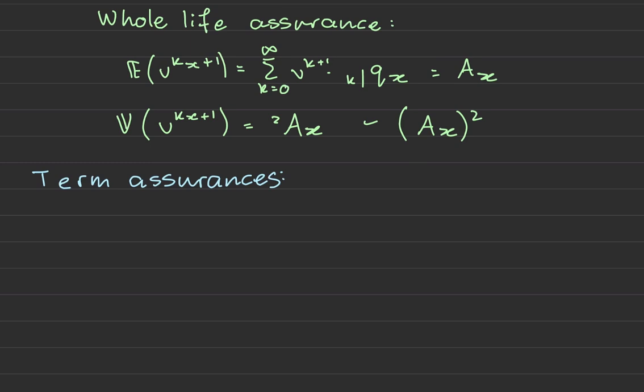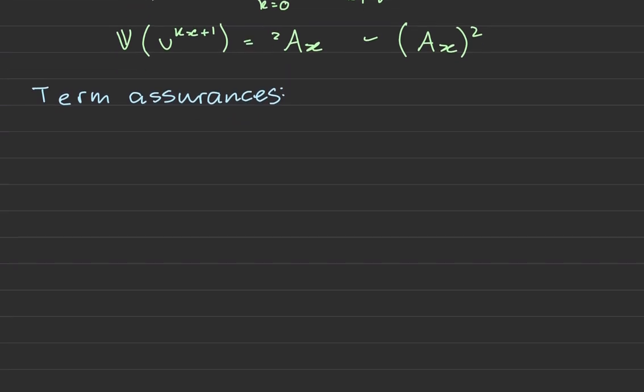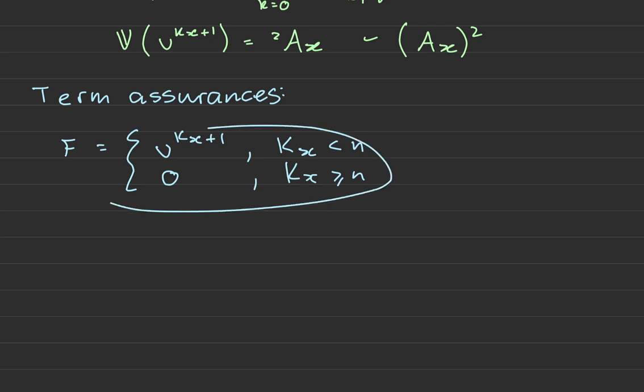Now I'm going to let this random variable be called F, and F is going to be equal to the present value v to the K_x plus 1 when K_x is less than n, or it's going to be 0 when K_x is greater than or equal to n. So let's first understand what a term assurance contract is, and then we can try and understand why this must be true.